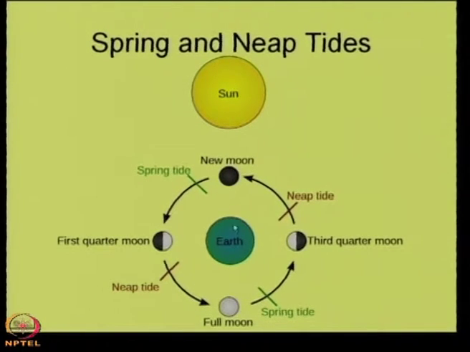So, when the moon is over here, the portion of the earth that is exactly below the moon will experience high tides. There are two places which are exactly below the moon, this place and this place, and you will have high tides in these places, and when the moon is at 90 degrees you will have low tides, right.